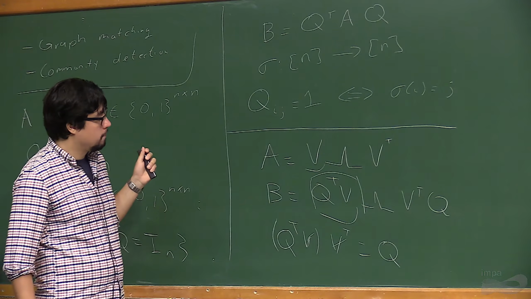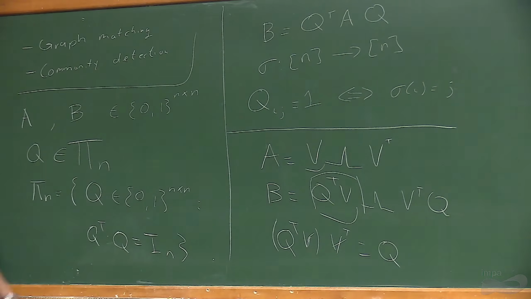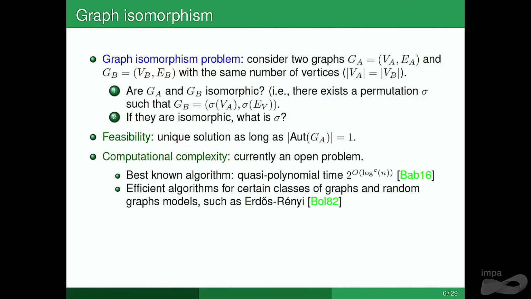But, well, that's a particular efficient solution. I think this was also proposed by Babai in the 80s. And yeah, so in principle, for the graph isomorphism problem, this may work, but under some scenarios.